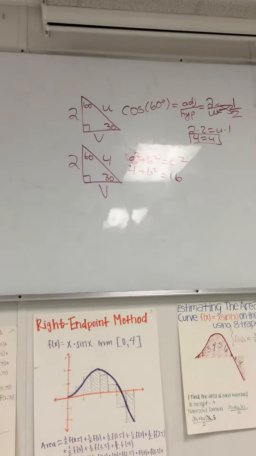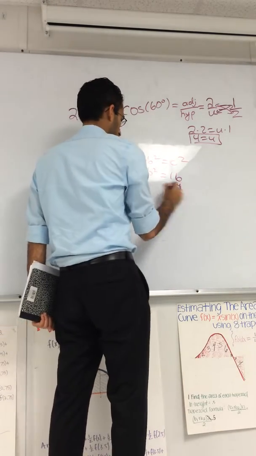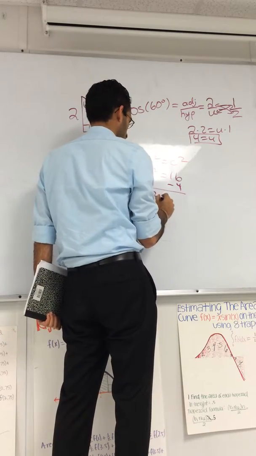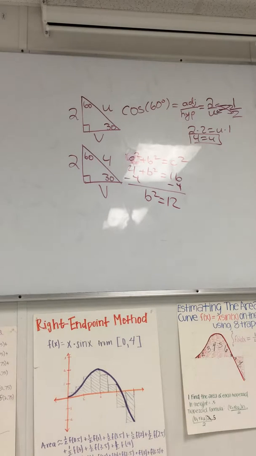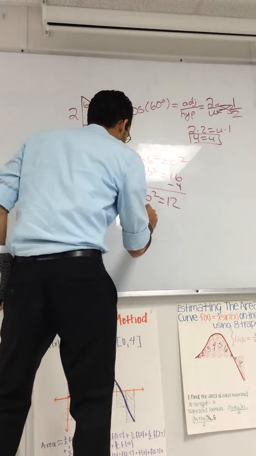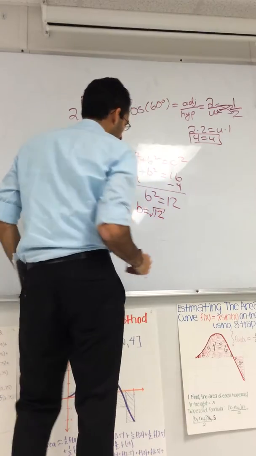So b squared must equal 12. So b must be the square root of 12. I'm not going to put the minus because this is a length of a side. It can't be negative. Has to be a positive number. So we'll say b equals the square root of 12.